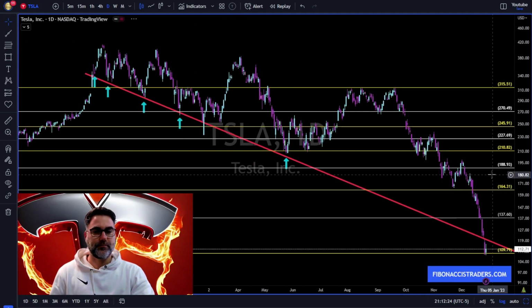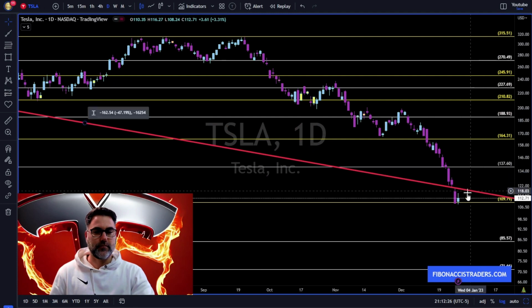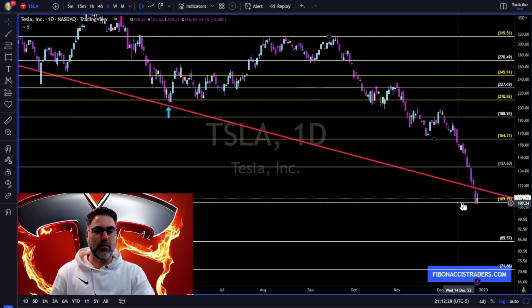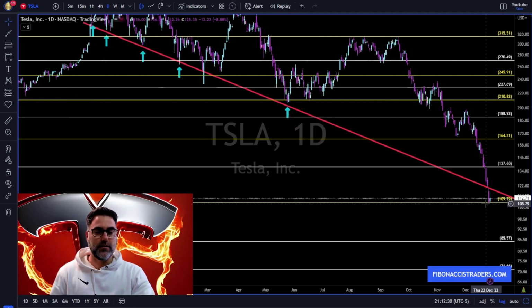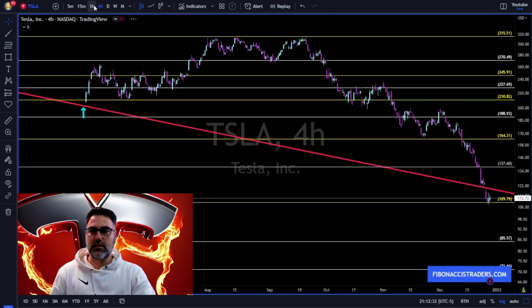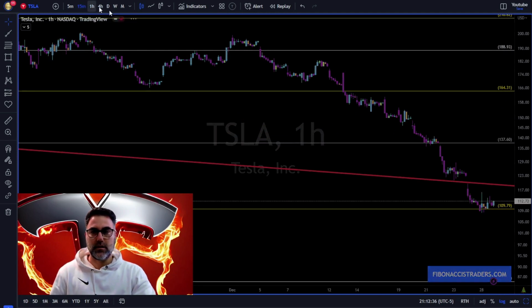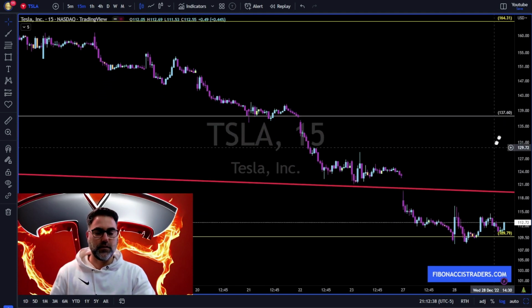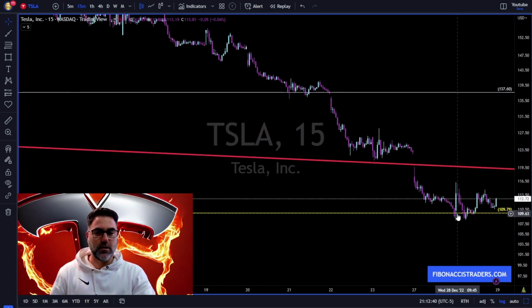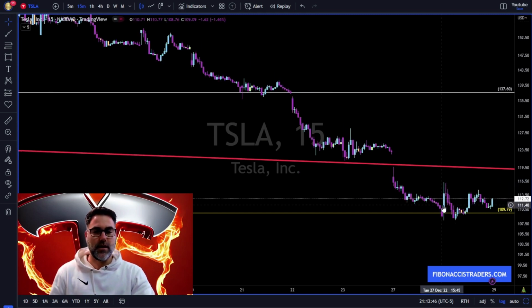Tesla held the 109, 110, started nice. If we go inside, let's zoom in. The 15-minute chart opened with a big bullish candle, and then just moved sideways inside this range.